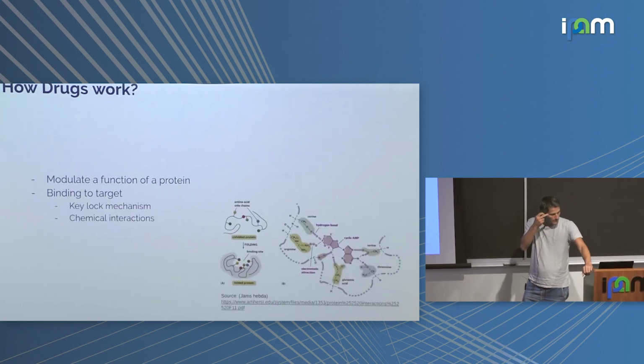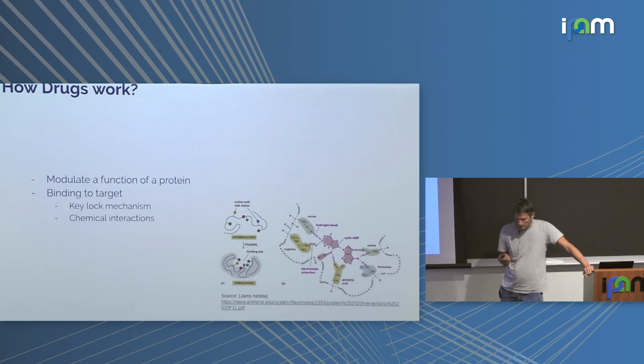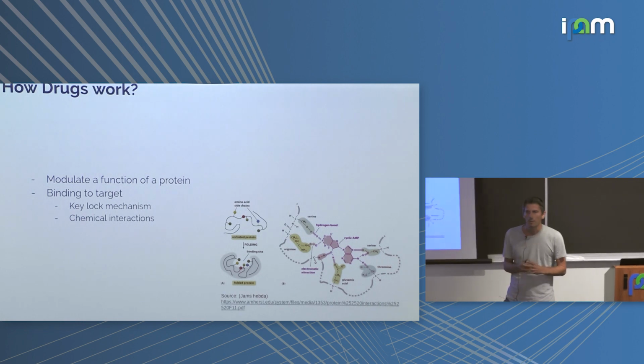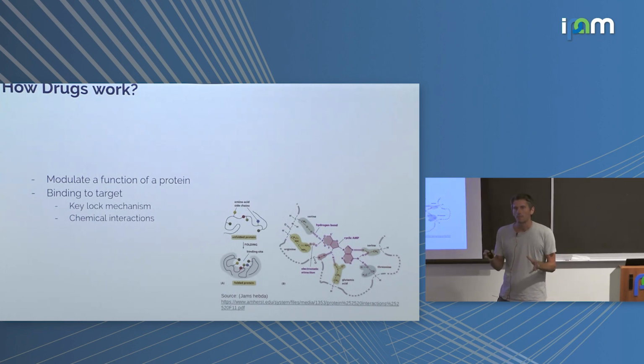And from what matters to us, it is also a very complicated problem. Sometimes I say that it's not a problem, in the sense that it's many problems all together. There's not a single solution that would fit all. But from a physical chemistry perspective, you could think of it as needing to find some molecule, some chemical material that fits like a key in some protein pocket, and then this alters the function of the protein.